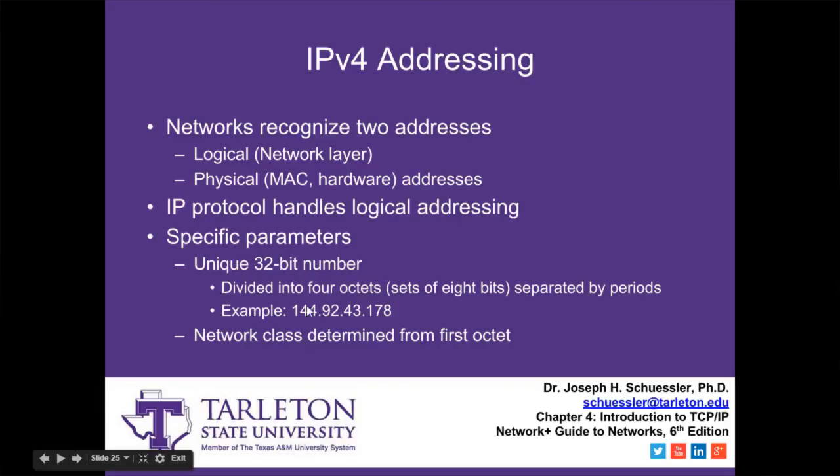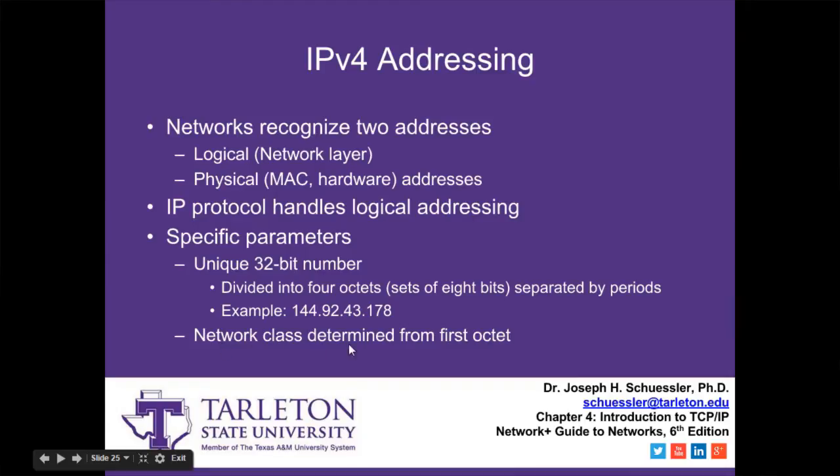Each group is an octet. 4 of them combined represents our 4 octets. And when we combine all of these, if we converted these from decimal to binary, it would be 32 bits. So some people refer to this as dotted decimal.